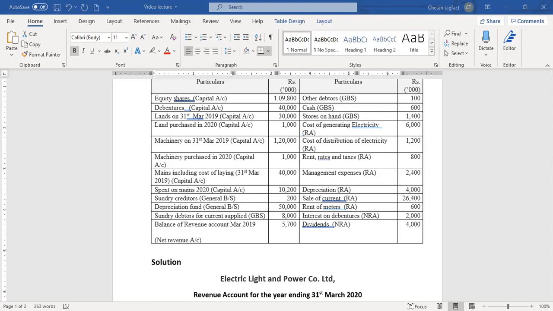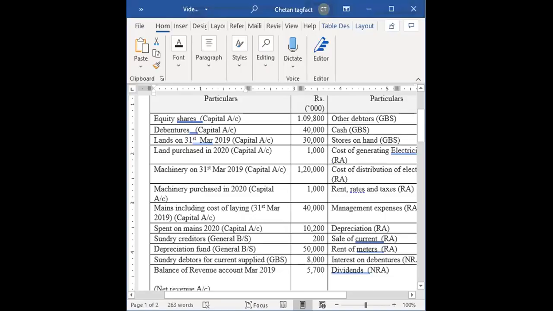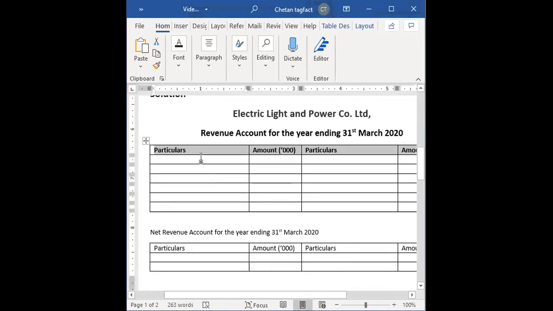So the debit side of the revenue account shows what? Onto the debit side of the revenue account, we are going to have all expenditures, and onto the credit side, we are going to have the incomes. So first, let us take the incomes.